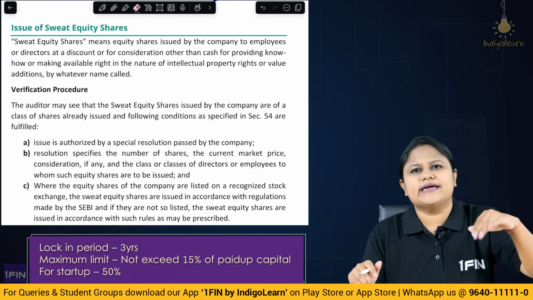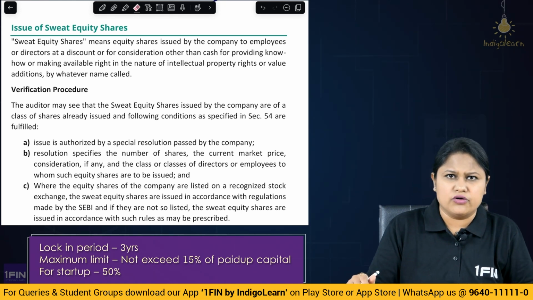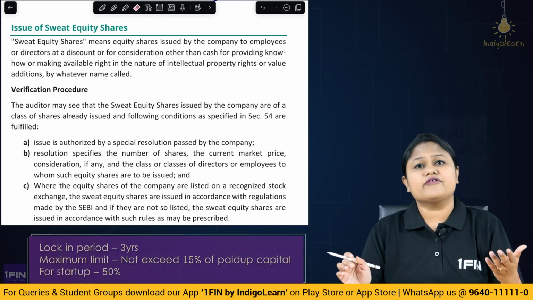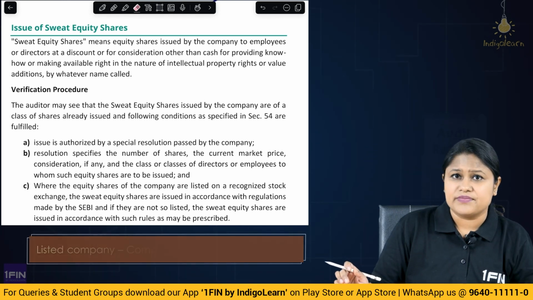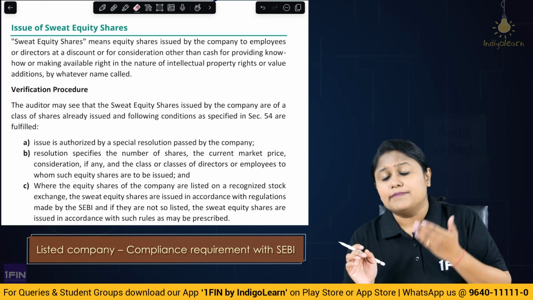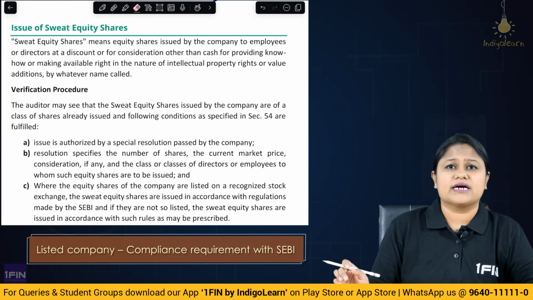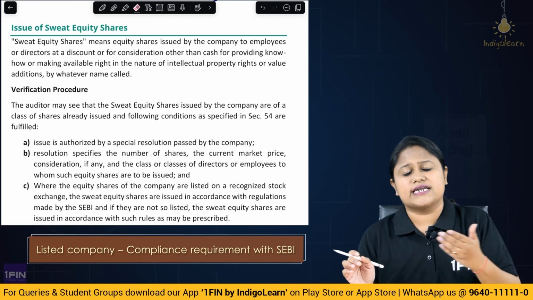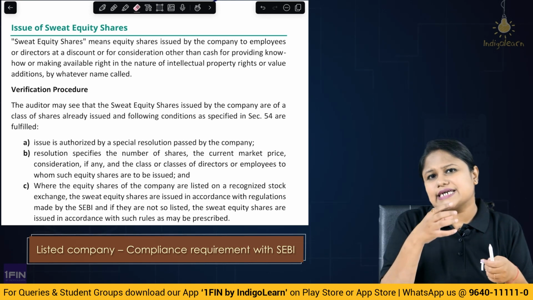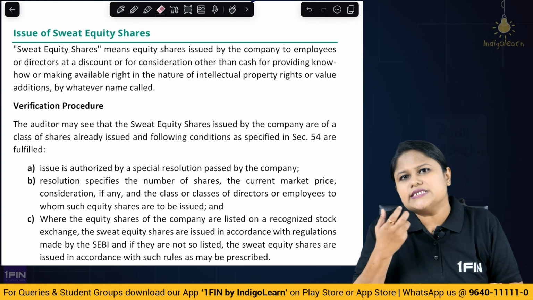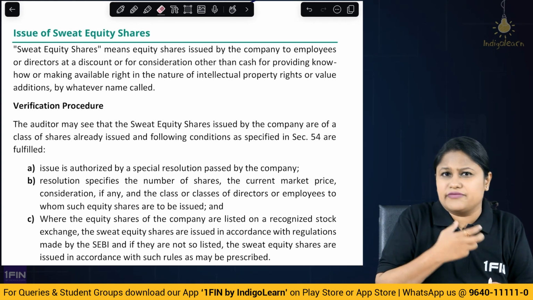So you can put in some additional points that you know from section 54, and we can say verify all of these things. Apart from that, if it is a listed company, you also have to check the compliance requirements with SEBI. SEBI guidelines, regulations and rules should be properly complied with. So when these kinds of questions come, don't restrict your answer to what is given in the material. You know section 54 from the company law that you study very well.